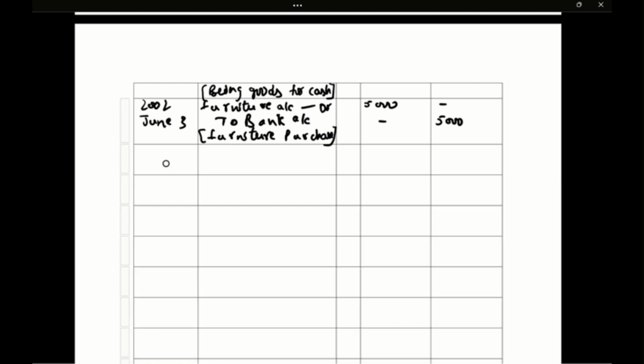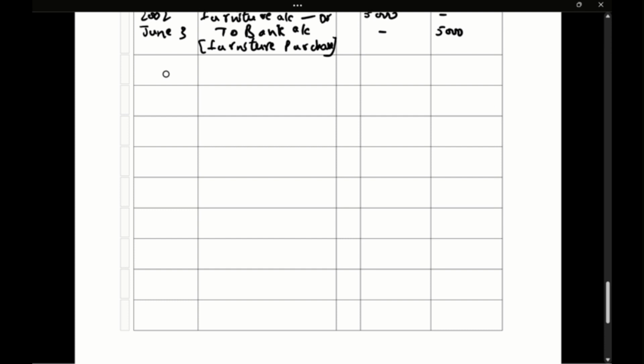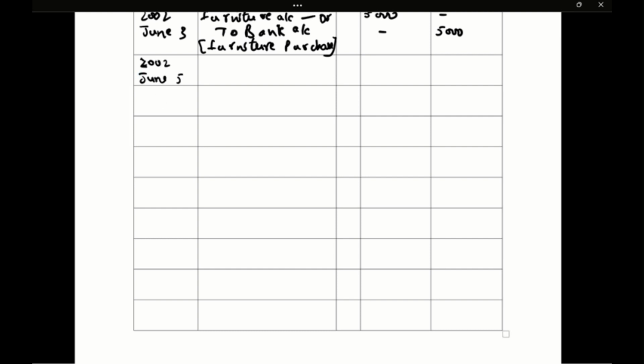So next entry we have sold goods for cash. The date is 5th. So here the entry is cash account debtor to sales account.